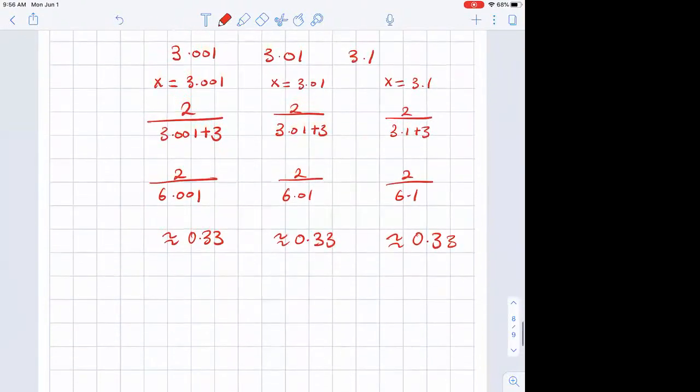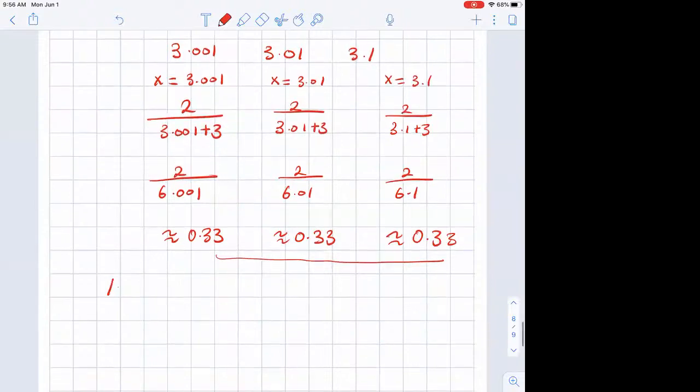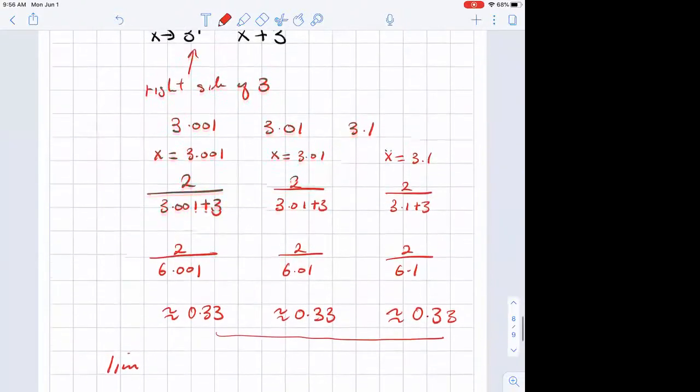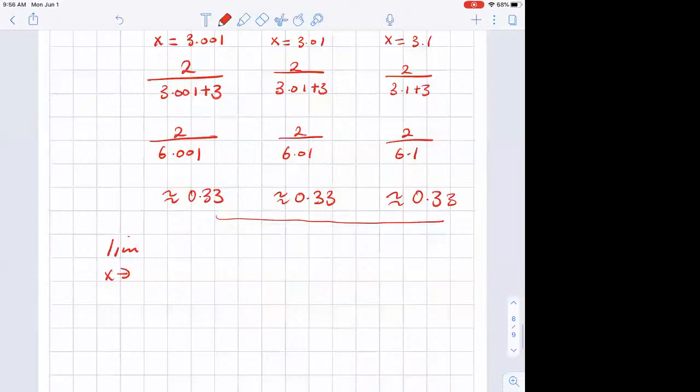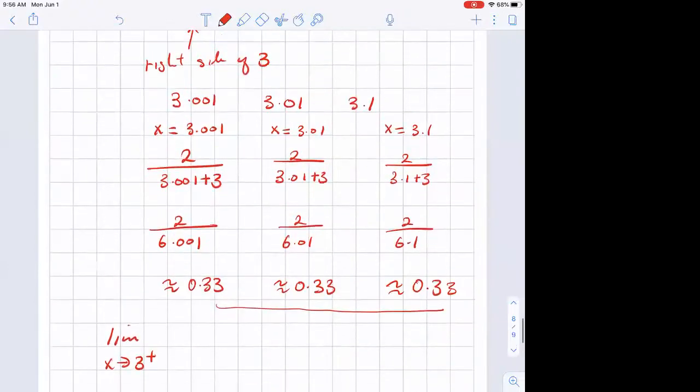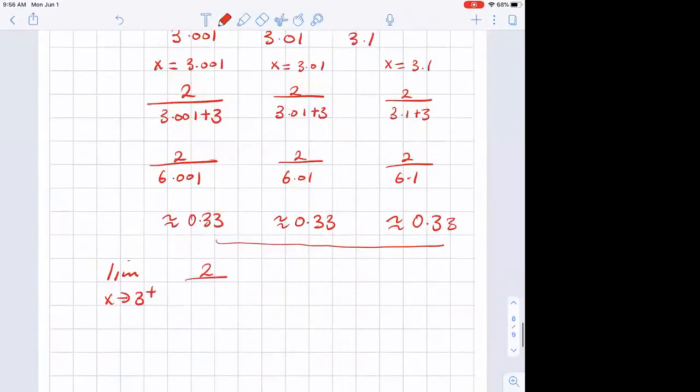So you can clearly see that they're all about the same number, right? So you can conclude that the limit as x approaches 3 from the positive side of 2 over x plus 3 is equal to 1/3. 0.3333 is 1/3, right?